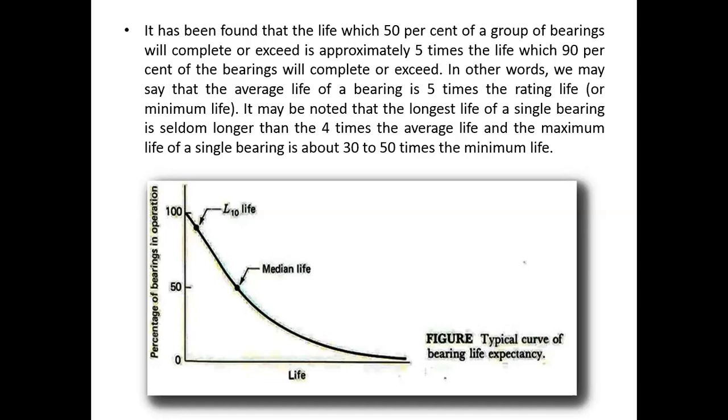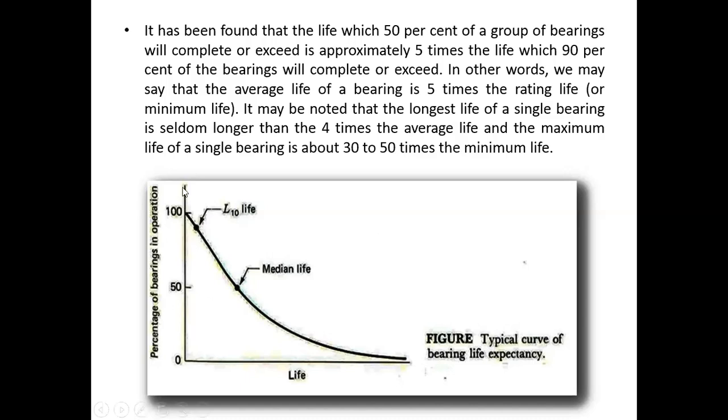If a roller bearing is denoted by a minimum life, then the total life of the bearing is generally 5 times that rating life. It may be noted that the longest life of a single bearing is seldom longer than 4 times the average life, and the maximum life of a single bearing is about 30 to 50 times the minimum life.